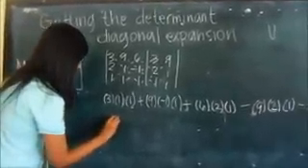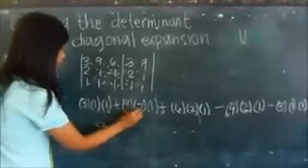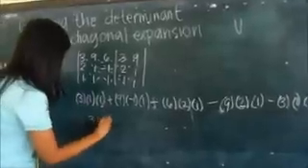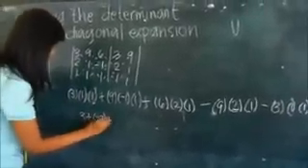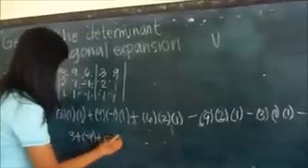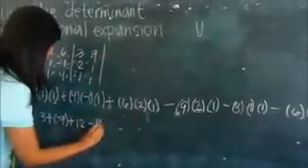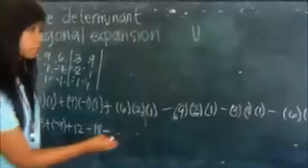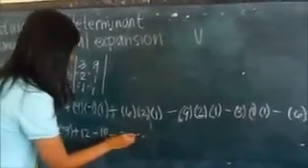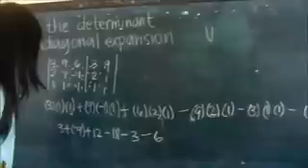3 times 1 equals 3, plus 9 times -1 times 1 equals -9, plus 6 times 2 times 1 equals +12, minus 9 times 2 times 1 equals 18, minus 3 times 1 times 1 equals 3, minus 6 times 1 times 1 equals 6.